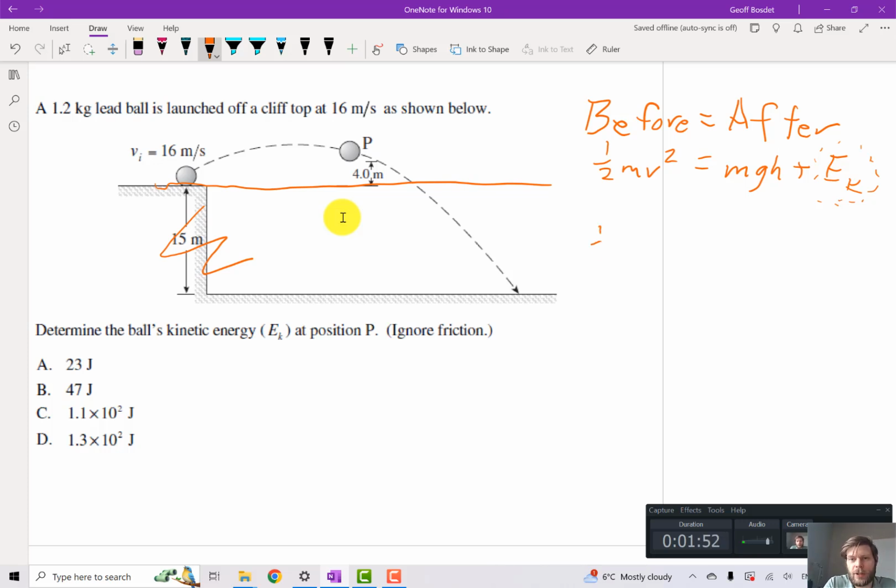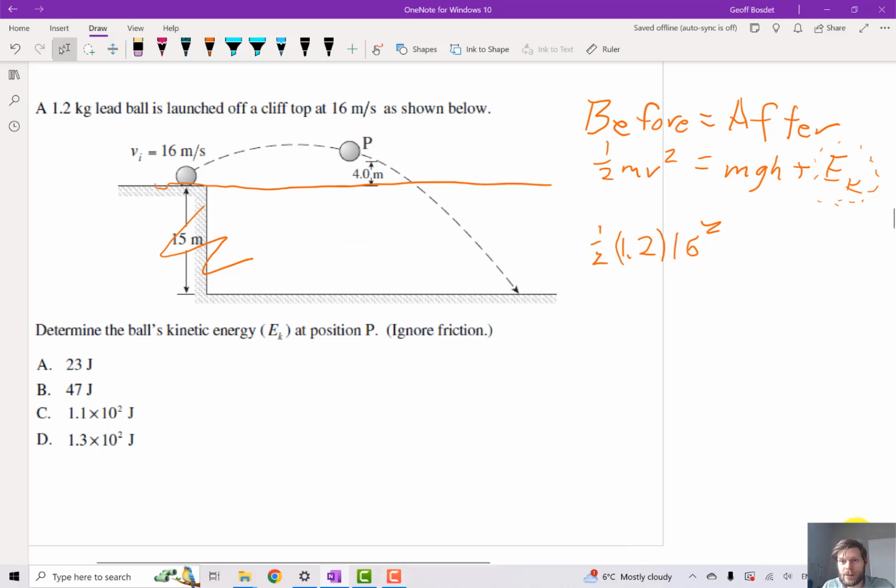So I'm just going to go 1/2 times 1.2 times 16 squared equals 1.2 times 9.8 times 4 plus EK.